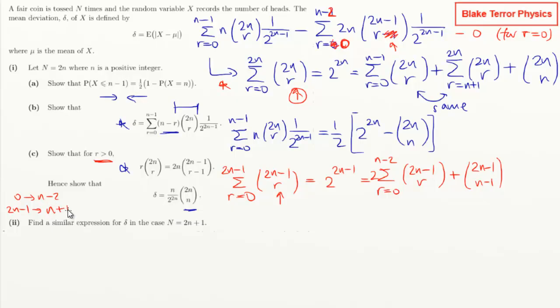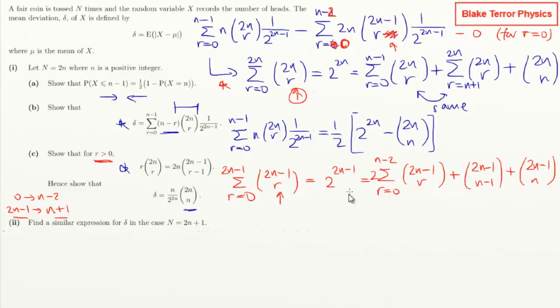So if I had n plus 1, n minus 2 minus 0 is n minus 2, and 2n minus 1 minus n plus 1 is n minus 2. So yes, that means I do need to have 2n minus 1 choose n in there, and then n plus 1 to 2n minus 1 will have the same number of terms, and it will be the same as the sum that I'm trying to work out. Excellent.